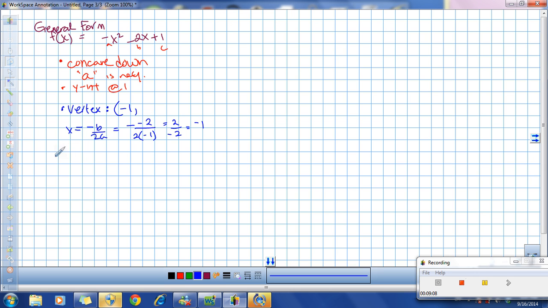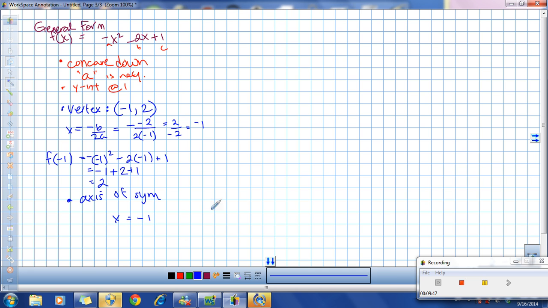So f of negative 1 is equal to negative 1 squared minus 2 times negative 1 plus 1. So it's going to be negative 1 plus 2 plus 1. 3 plus negative 1. So it'll be 2. So f of negative 1 is 2. And last but not least, my axis of symmetry. I have x equals negative 1.